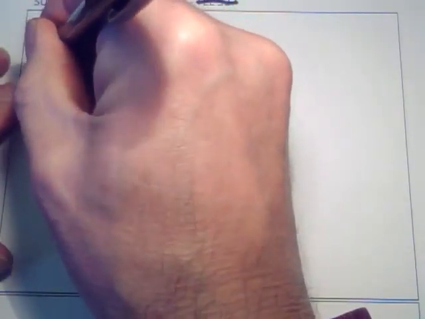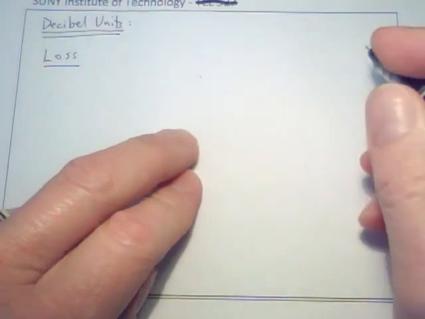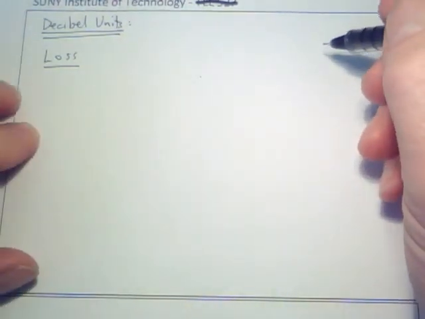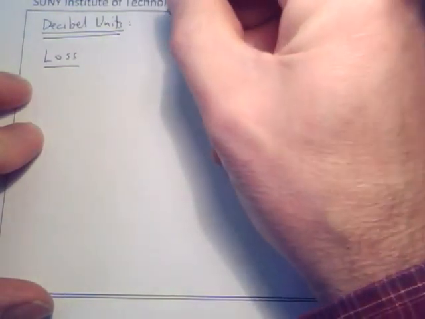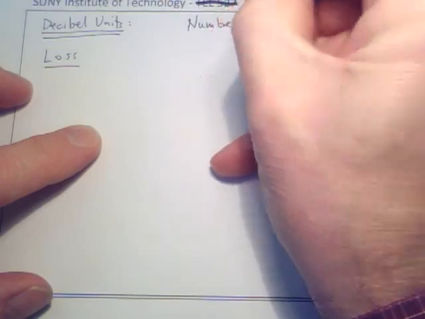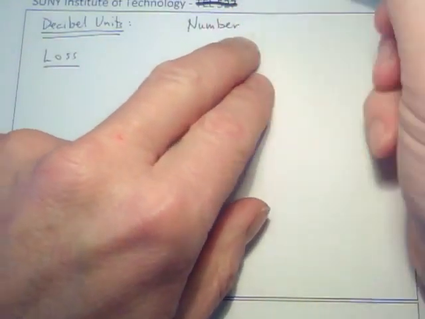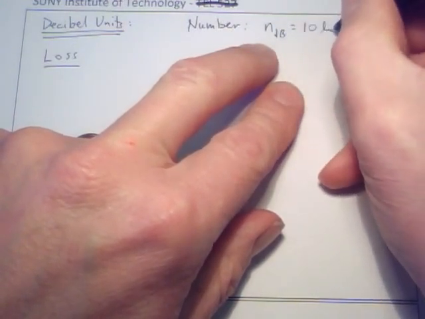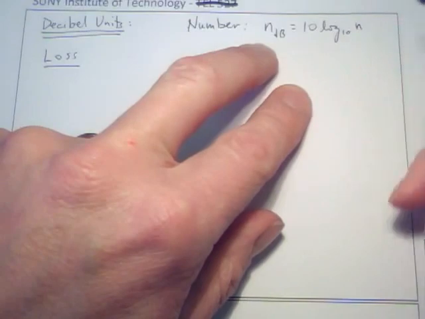The first is for loss. Anytime you have a number, you can convert that number into decibel units. We can convert any number n into dB by taking 10 log base 10 of that number.